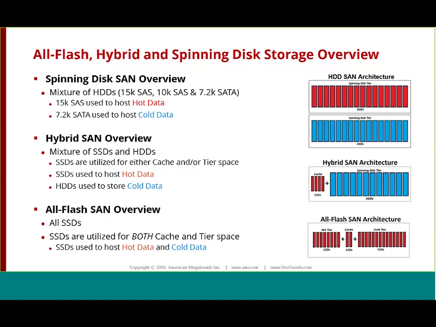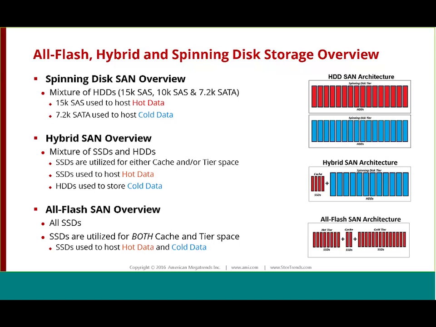If that data block was hit and you started accessing those regions or blocks again, we could promote that data back up. Most vendors did this auto-tiering architecture where you could move the data back and forth. So the 15K SAS drives are used to host the hot data. The 7.2K SATA drives were used to host the cold data.